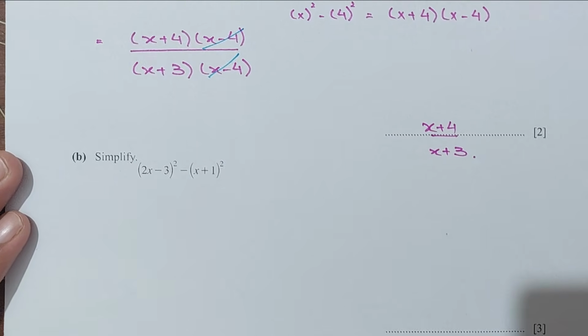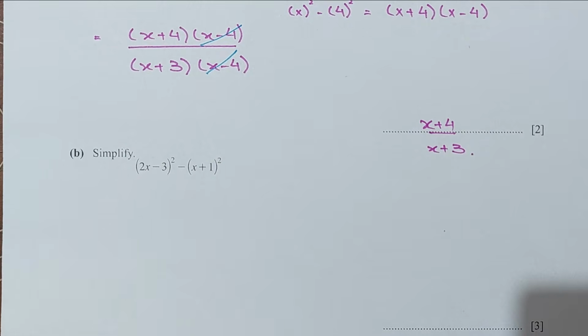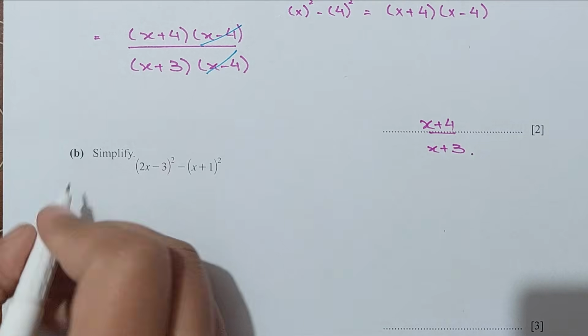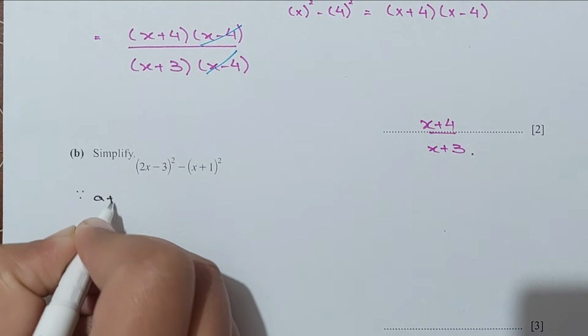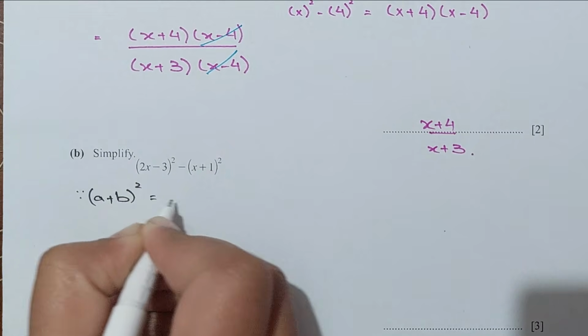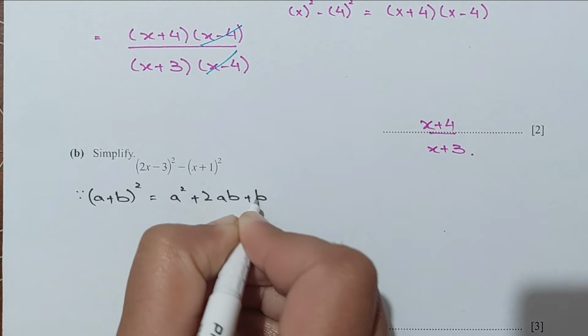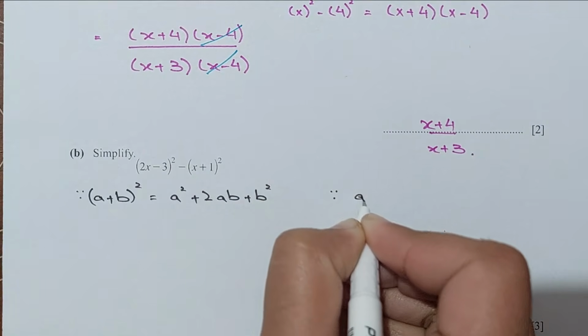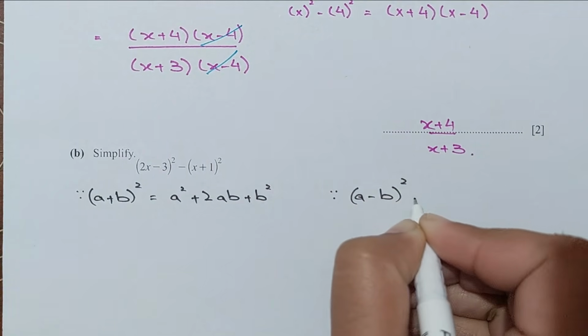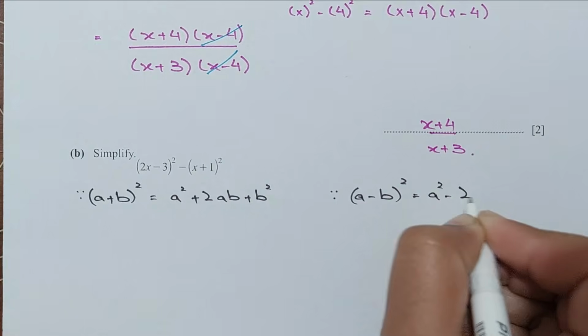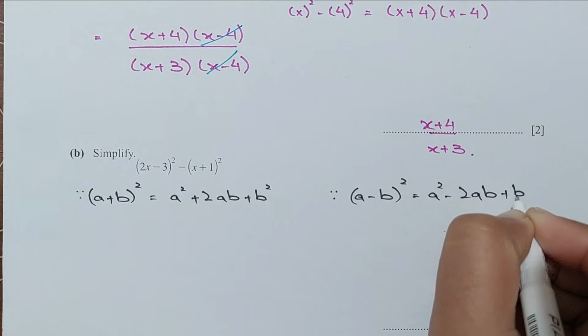Now for part B, we have to simplify. So open the square using the formula a plus b whole square and a minus b whole square formula. So as we know, a plus b whole square is a square plus 2ab plus b square, and the formula of a minus b whole square is a square minus 2ab plus b square.